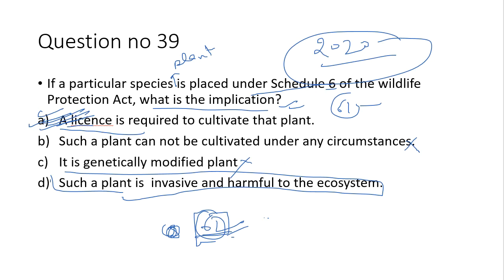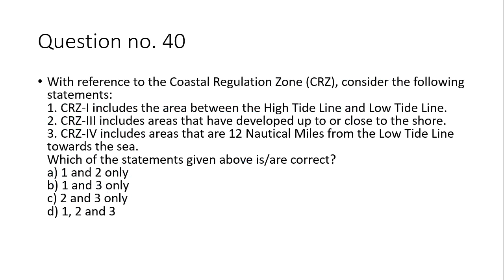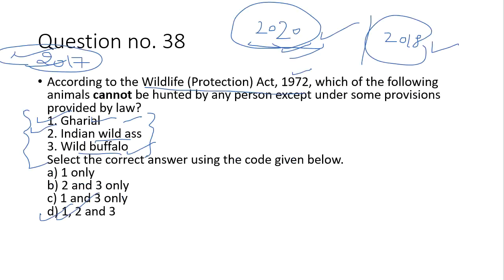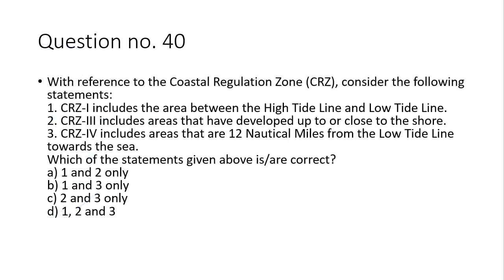So let's move to question number 40. Question number 40 is with regard to the coastal regulation zone. Consider the following statements with regard to the coastal regulation zones, CRZ.